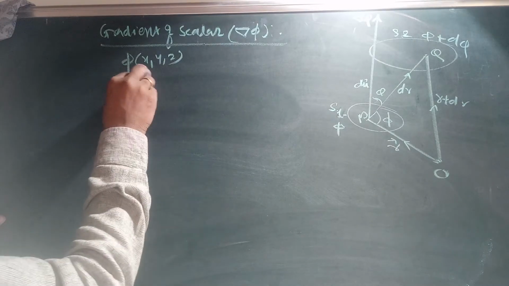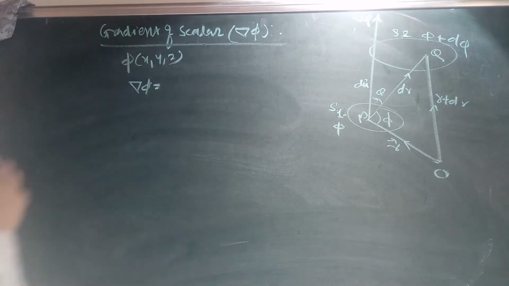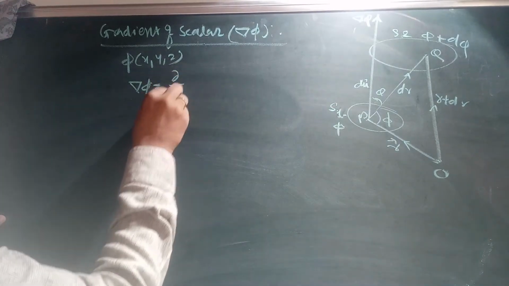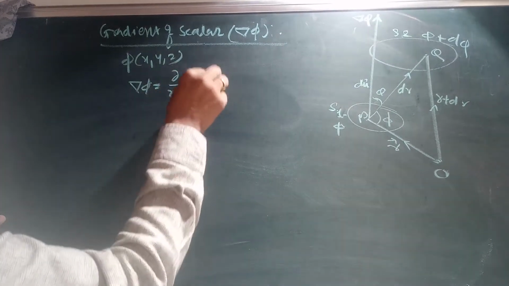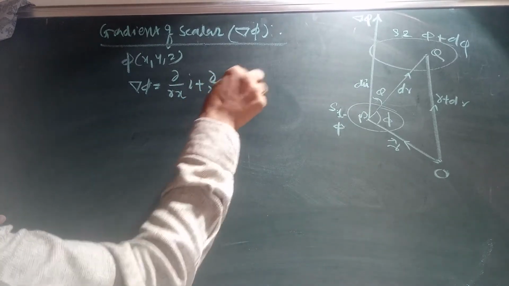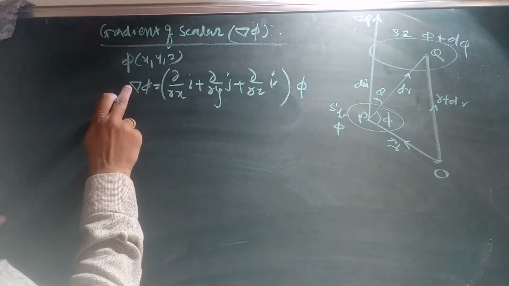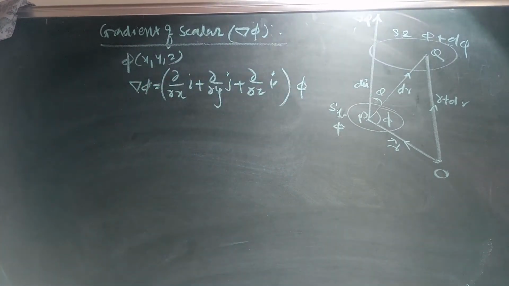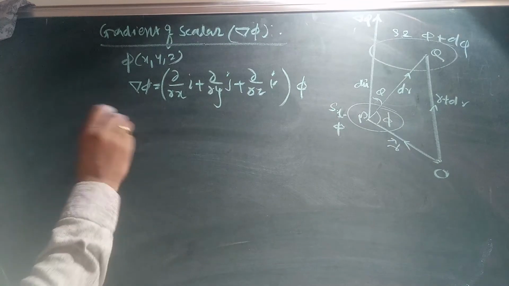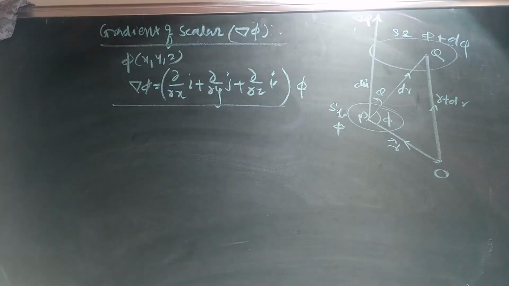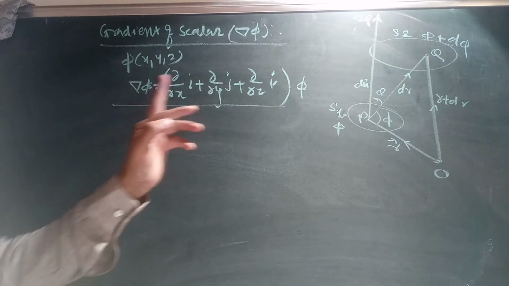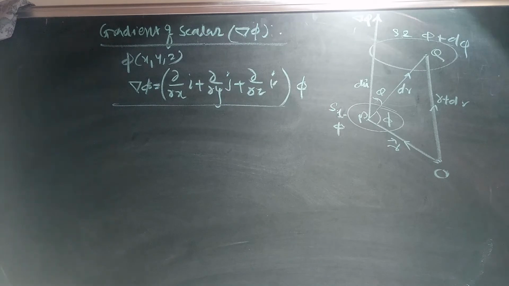So I will write del phi is equal to ∂/∂x into i plus ∂/∂y into j plus ∂/∂z into k, and into phi. So this is the del and this is phi. Note that this is actually a vector quantity. Though phi is a scalar, del phi is a vector quantity.